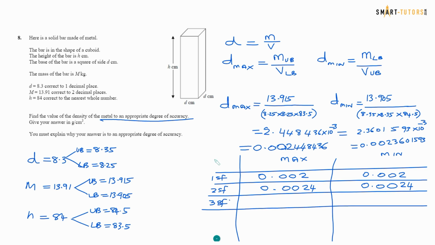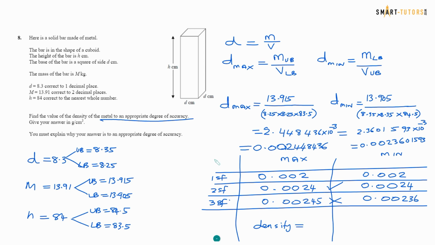So 3 SF means 1, 2, 3, so 0.00245, right? And this one 0.00236, because 0 is not going to give 1. So this is not matching, right? And the 2 SF is matching.